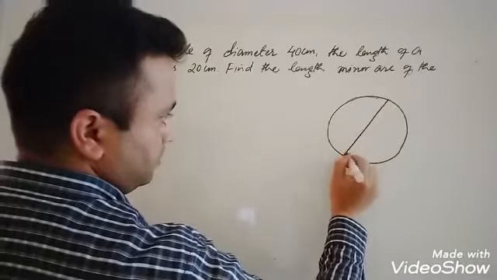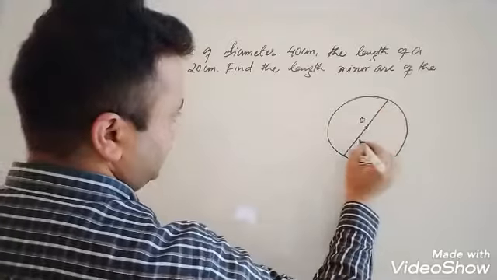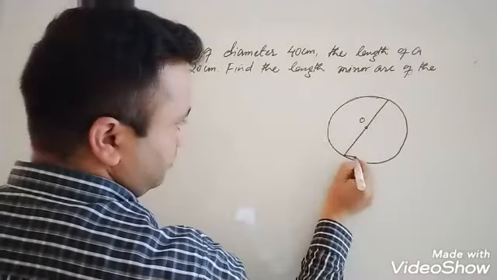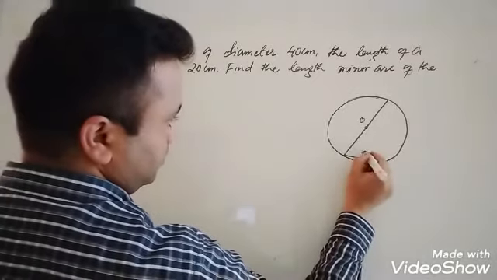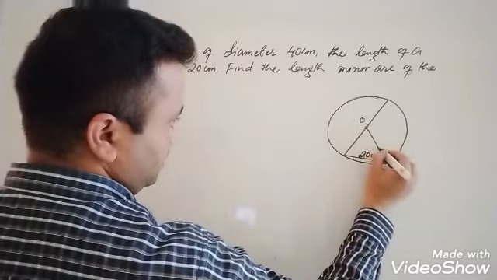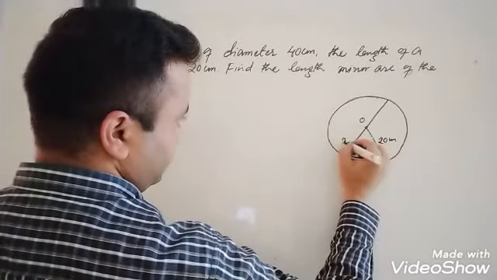Here is the center of the circle, O. Diameter is 40, which means half of the diameter is the radius. The length of the chord is 20 centimeter, and the radius is also 20 centimeter.